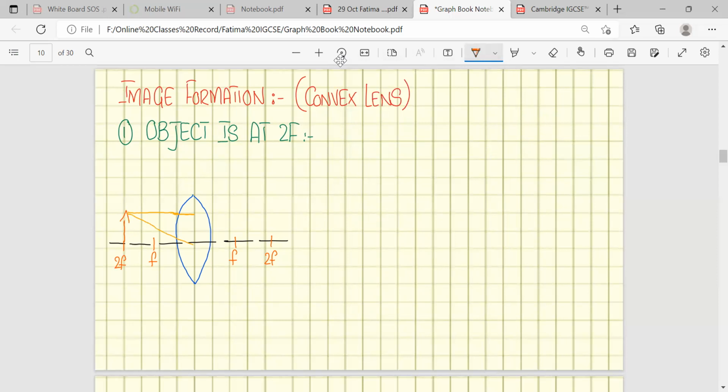When the object is placed at 2f, the image of the object will also form at the same distance, right? It means that if you want a clear image of that object, you need to fix your screen at a distance of 2f, and you get the image of that object on the screen at 2f. So this is our first condition.